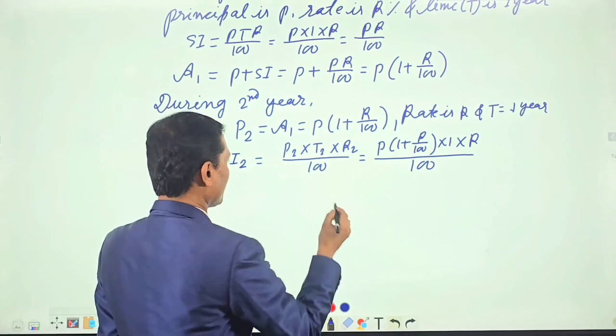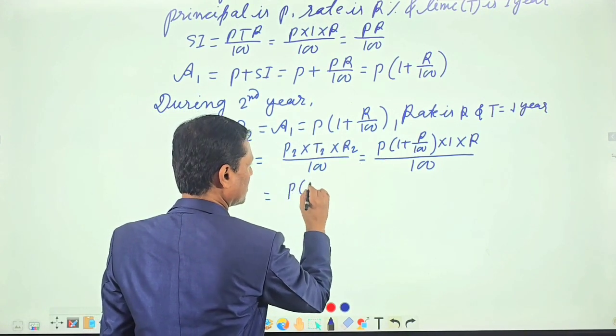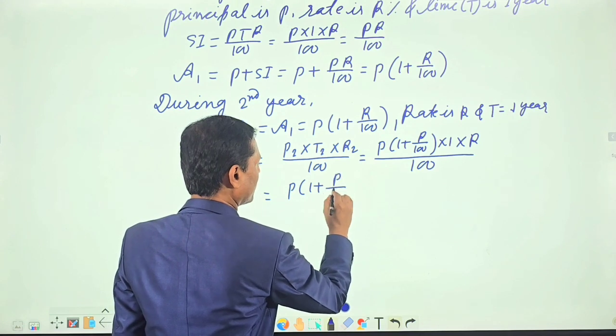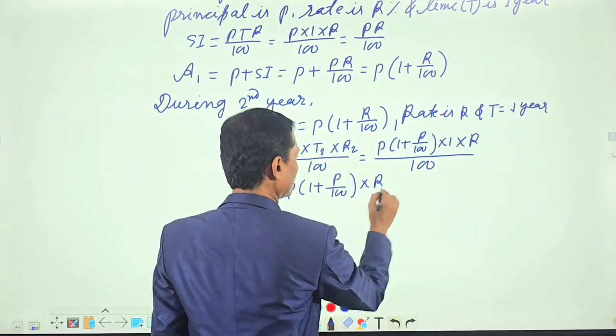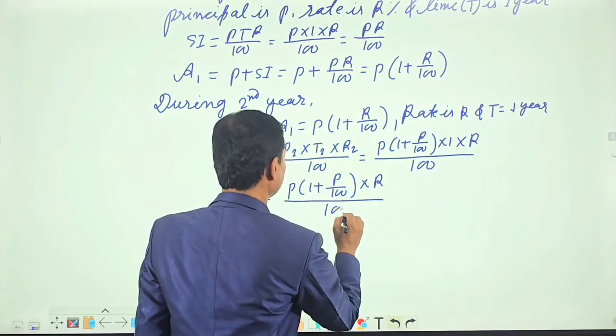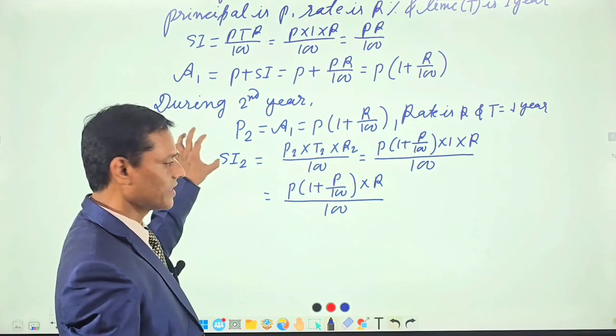And now this becomes P times 1 plus R over 100 into R over 100. Yes, that is SI2, isn't it? That is the simple interest at the end of second year.